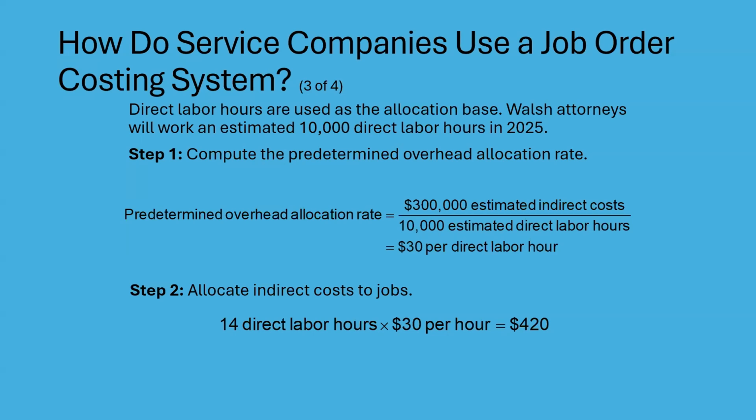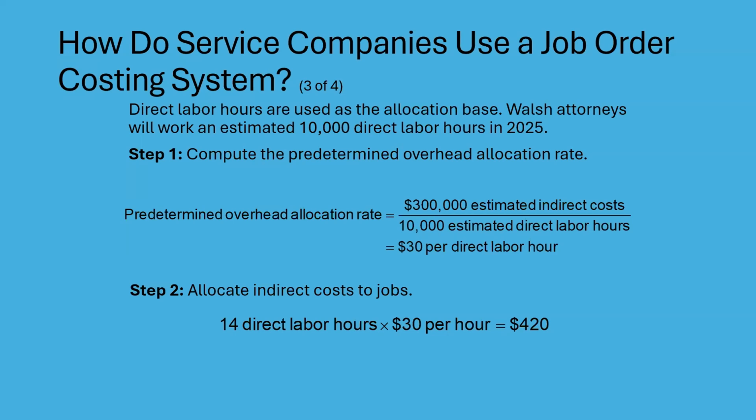And in the example that we just saw earlier, Walsh attorneys will work an estimated 10,000 direct labor hours in 2025. So the first step is to compute the predetermined overhead allocation rate.